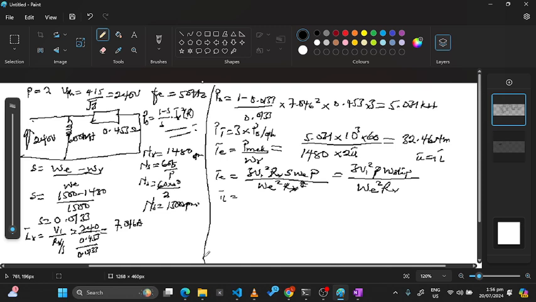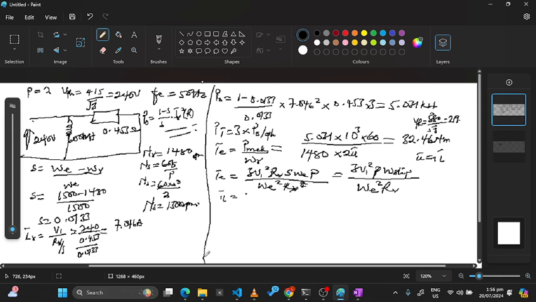Now the voltage has changed, so now we need to find a new phase voltage. The new phase voltage should be equal to 380 divided by root 3. And this should give you 219 point something. 380 on root 3 gives you 219.39 volts.